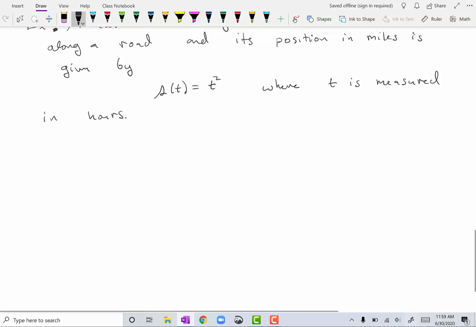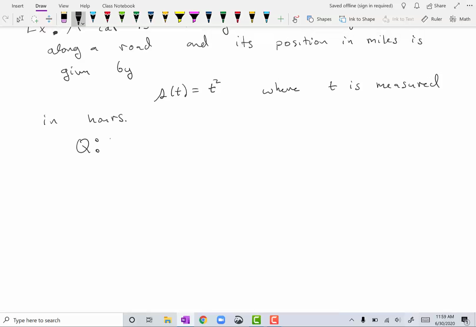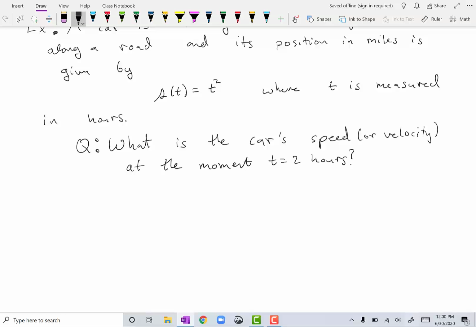And then the question we want to ask is, what is the car's speed or velocity at the moment that t is equal to 2 hours?